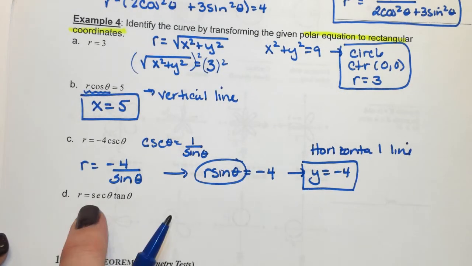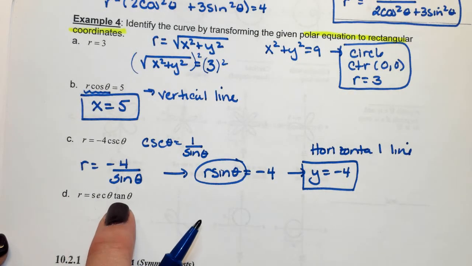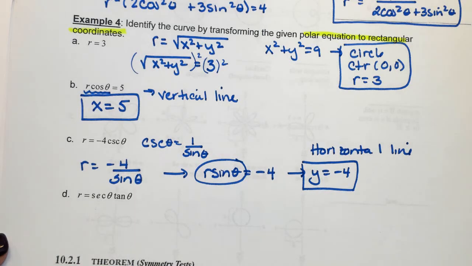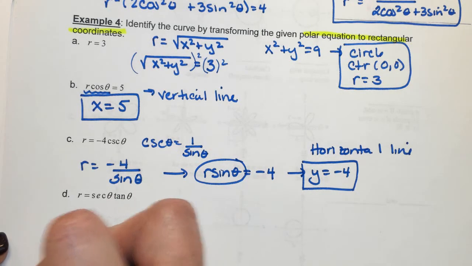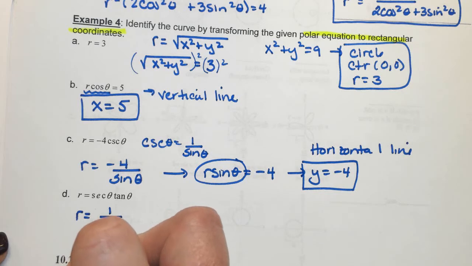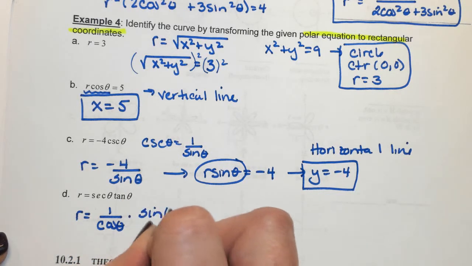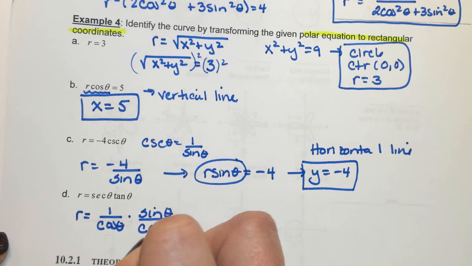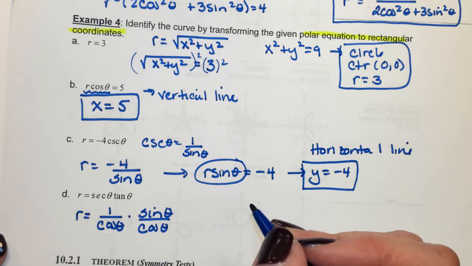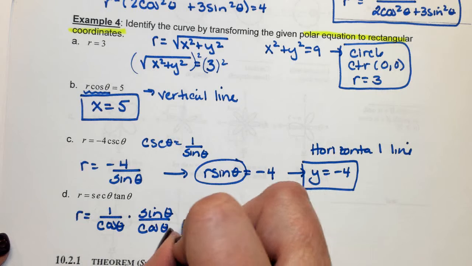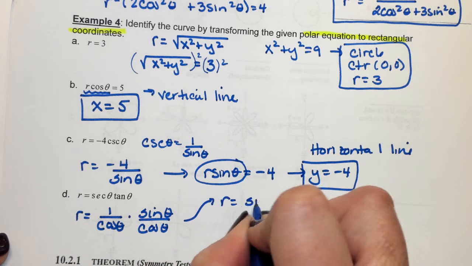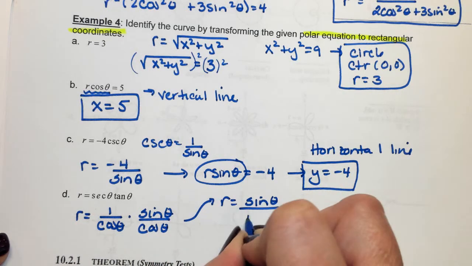So now, looking here, I have r is equal to secant theta times tangent theta. Again, change this in terms of sine and cosine. So I know secant is equal to 1 over cosine theta. Tangent is equal to sine theta over cosine theta. So then when I simplify this, I know that r is equal to sine theta over cosine squared theta.